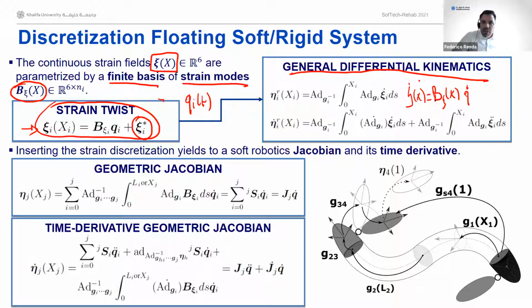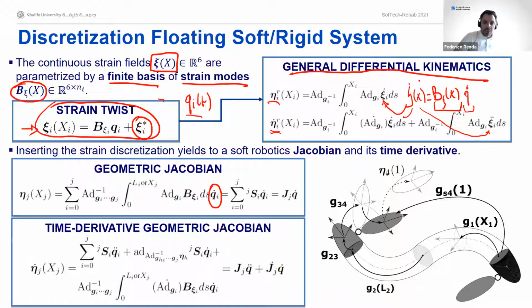And notice that only B depends on x, not q. q depends on time only. So when we plug these things inside here or in the other, in the same relation for the relative acceleration, we can pull out our generalized coordinate. Now, those are relative velocity and relative acceleration.